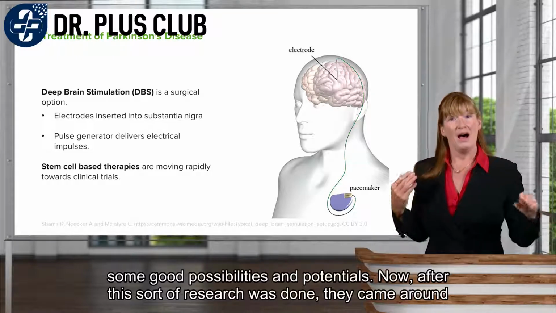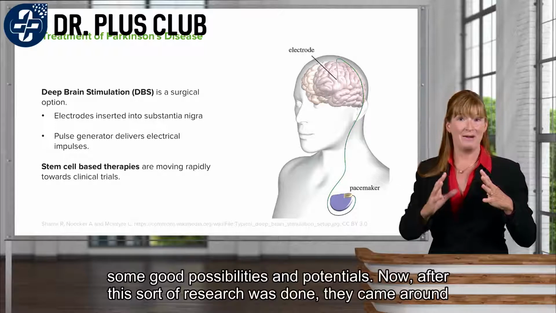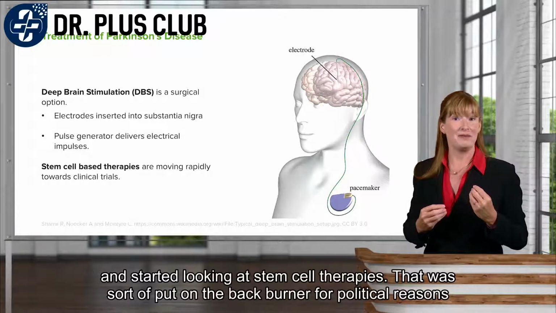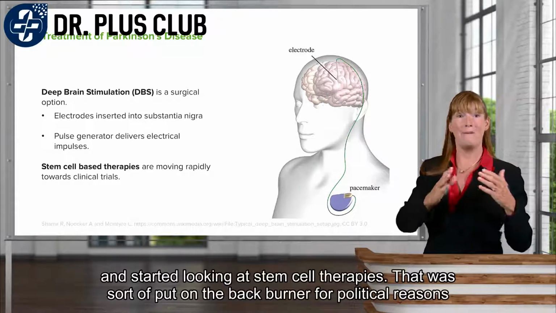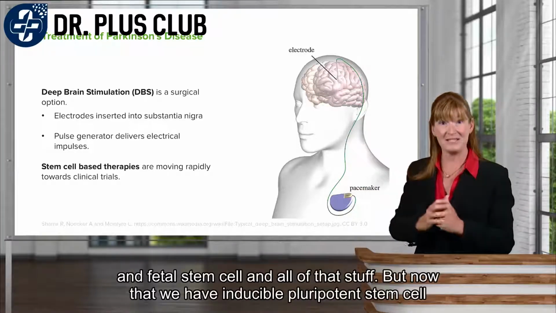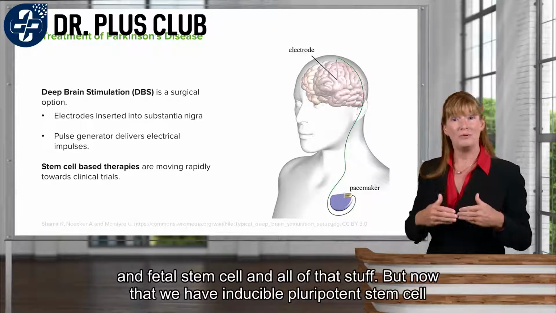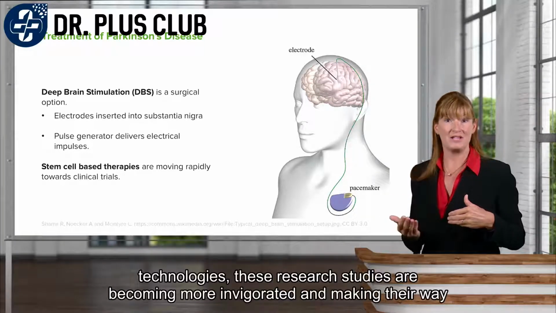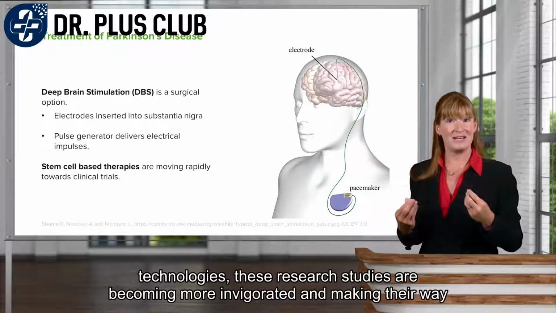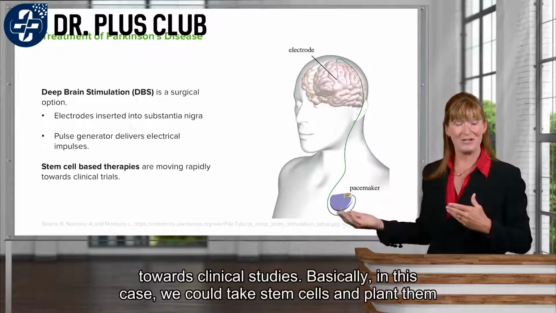Now, after this sort of research was done, they came around and started looking at stem cell therapies. And that was sort of put on the back burner for political reasons, and fetal stem cell and all of that stuff. But now that we have induced pluripotent stem cell technologies, these research studies are becoming more invigorated and making their way towards clinical studies.